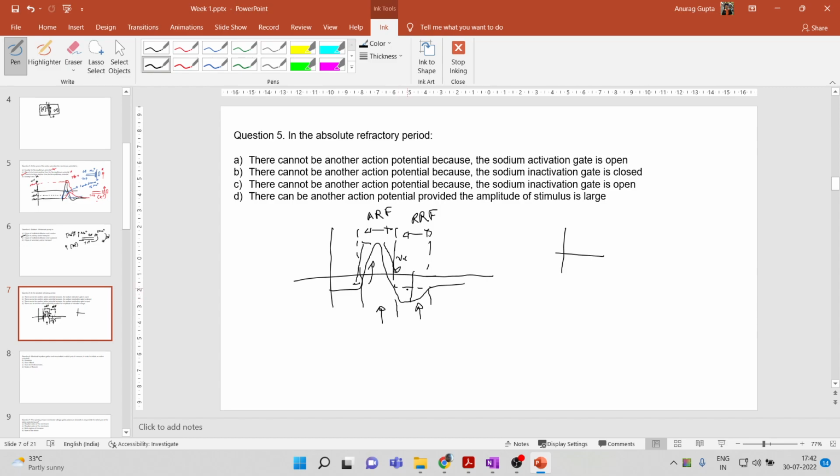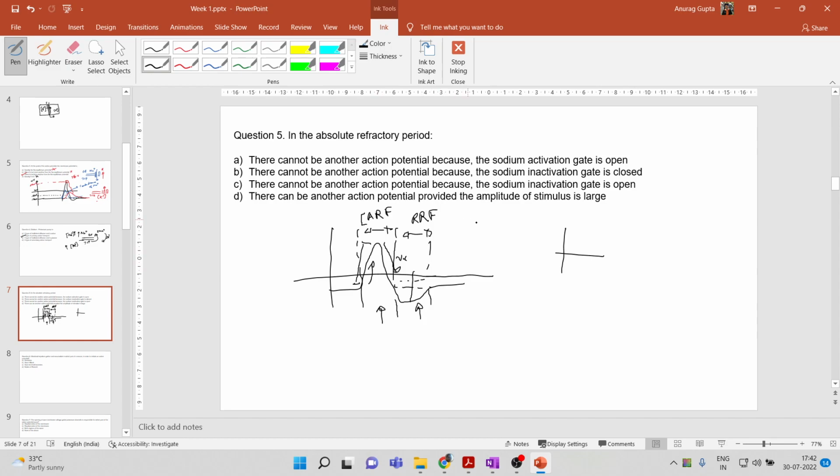So the amount of stimulus required to reach the threshold is more. But in the relative refractory period, if we give a large enough stimulus, we can actually achieve another action potential. But in the absolute refractory period, no matter what we do, it is not possible to generate another action potential.